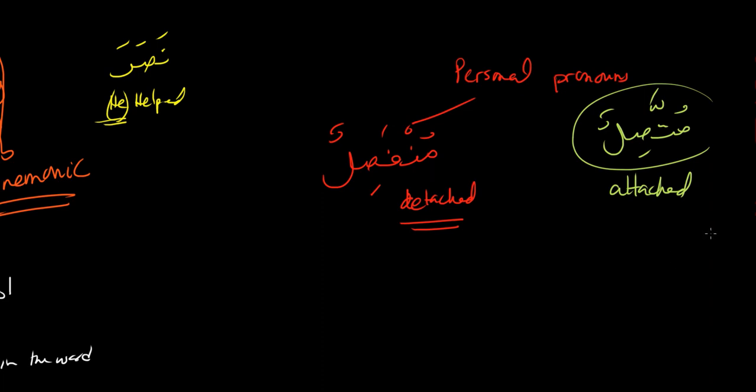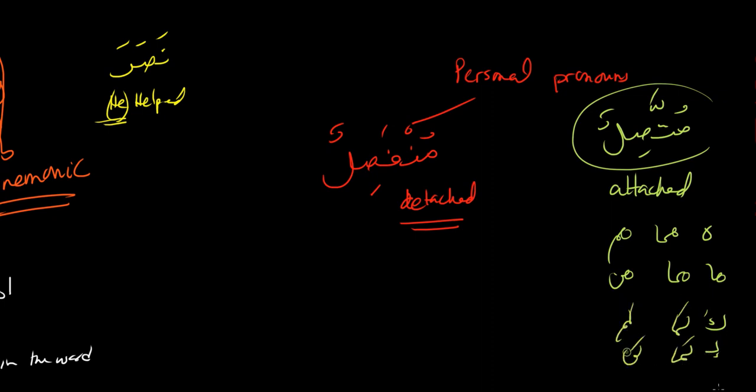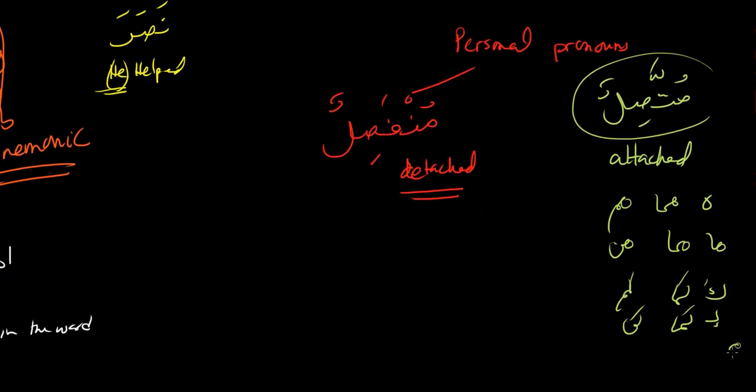Okay, these are hu, huma, hum, ha, huma, hunna, ka, kuma, kum, ki, kuma, kunna, and then there is ya. The one thing we have to understand is ya will require a kasra before it.